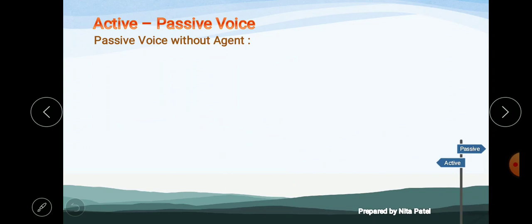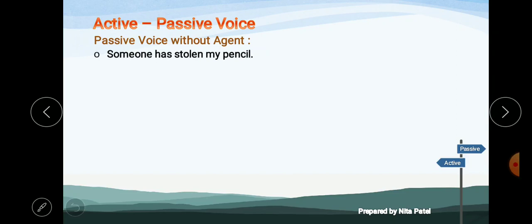I'm talking in general. So we don't have any agent. These are called sentences without agent. So this topic is all about passive voice without agent.